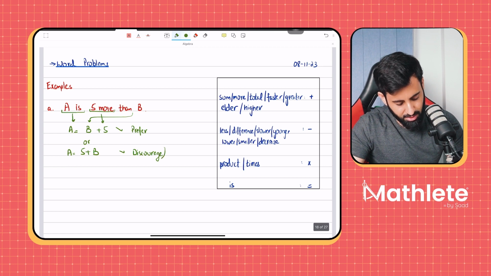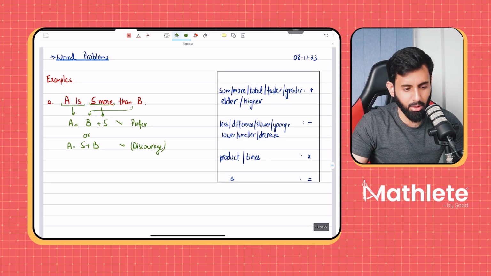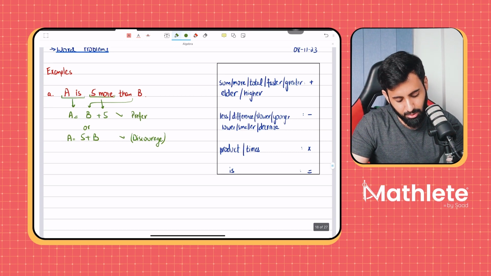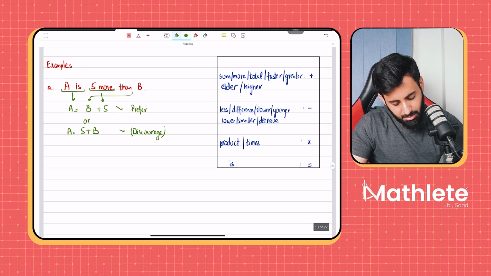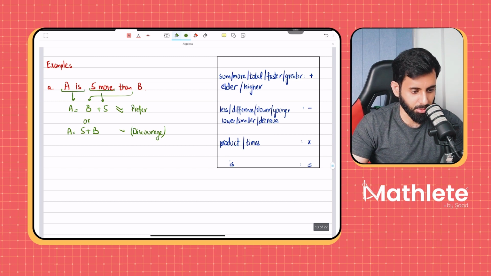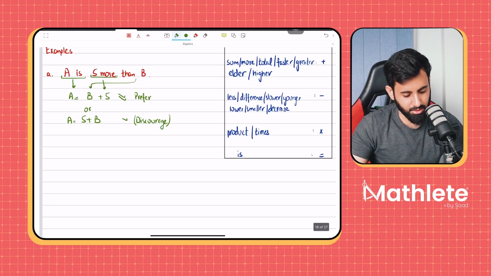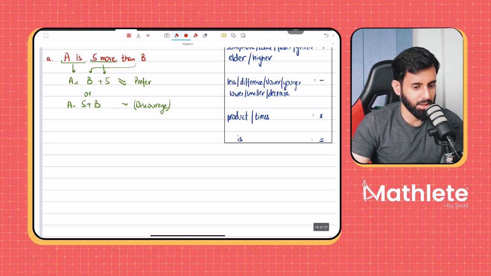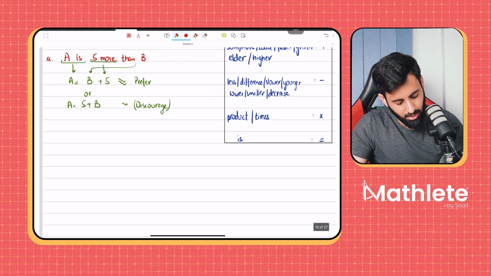Now, why do I discourage this? You'll find the answer to it. You can also rearrange it and write it as A minus 5 equals B. Nothing wrong with that. But this is what I prefer, so I'll put a double tick over here, and this is what I discourage. You'll find the answer to your question in a minute. So A is 5 more than B basically means A equals B plus 5.